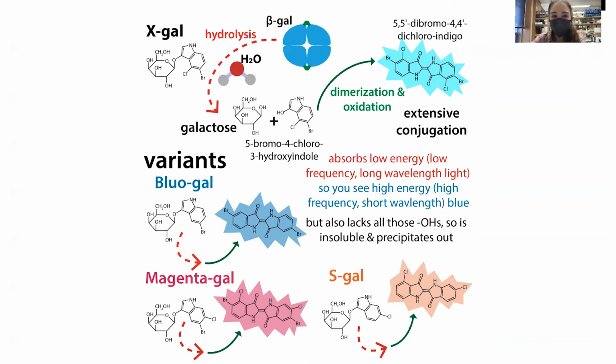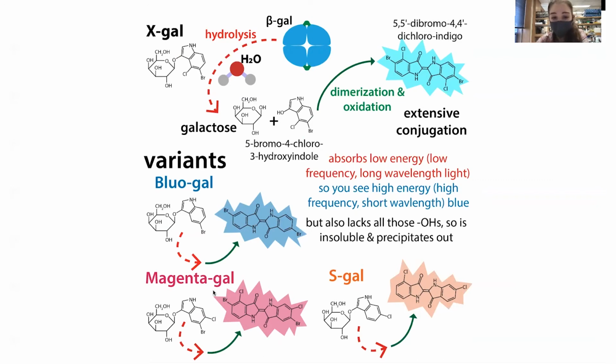But it turns out this X-gal isn't the only product, and it's not even the best. It can be kind of hard to tell how blue things are. So in our lab, we actually use this Bluo-gal, which has a slightly different structure, same idea, but it's going to give you a darker blue product.